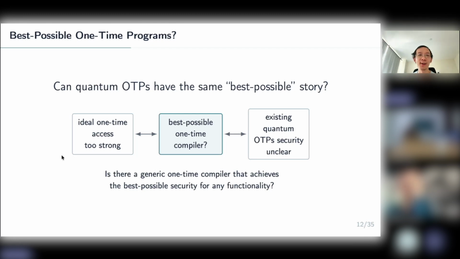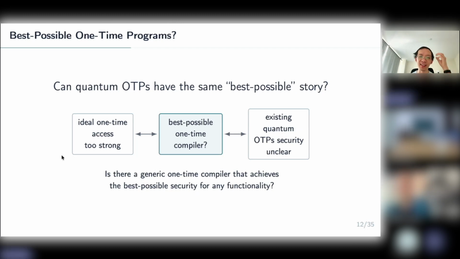Can quantum one-time programs also have the same best possible story? Maybe there is a generic one-time compiler or a generic one-time obfuscation security notion that achieves the ideal one-time security whenever it is possible.